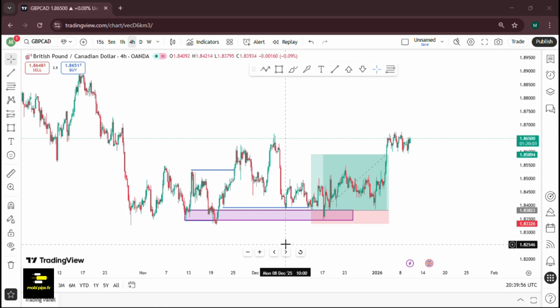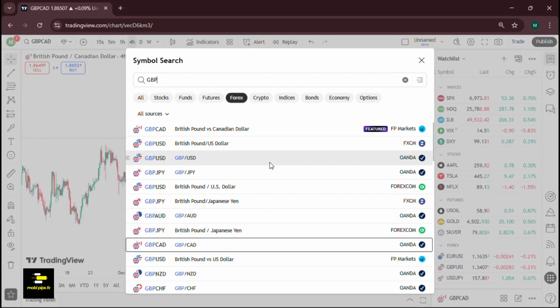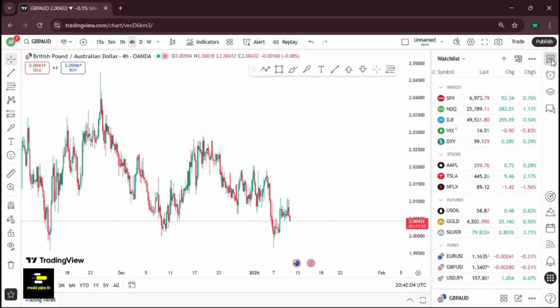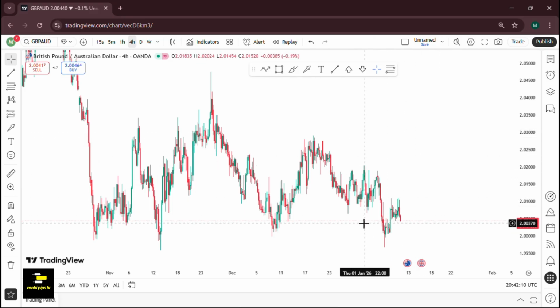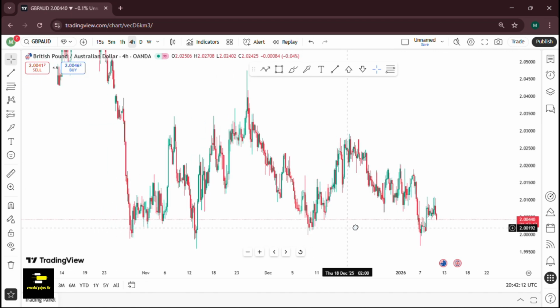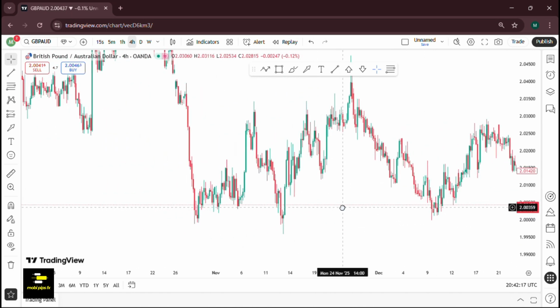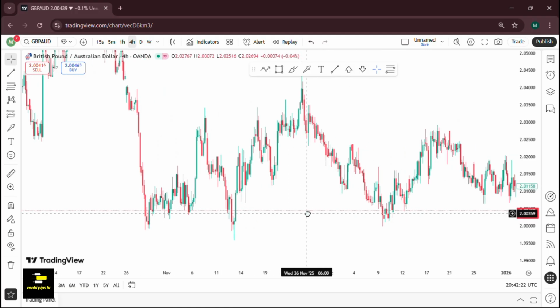What other pair can we look at? Let's see another pair. GBP AUD. Very, very important. Ain't that beautiful?